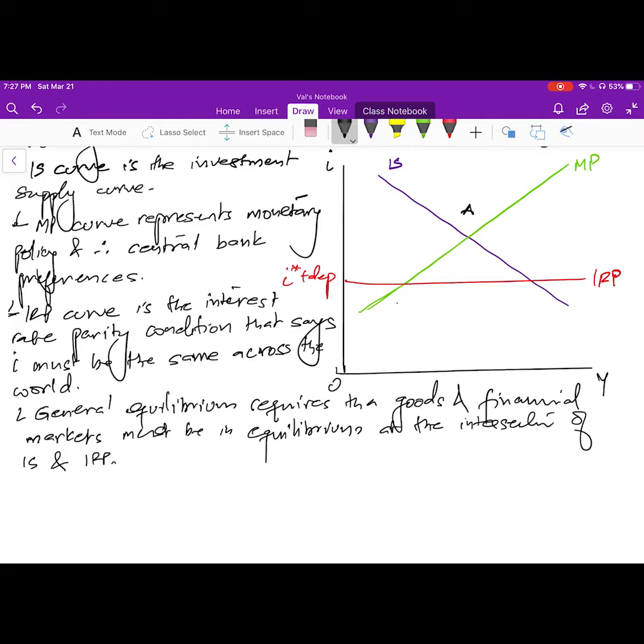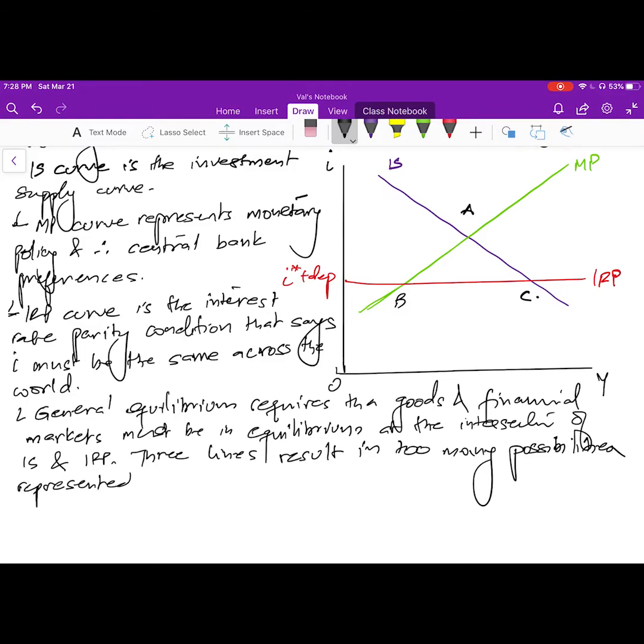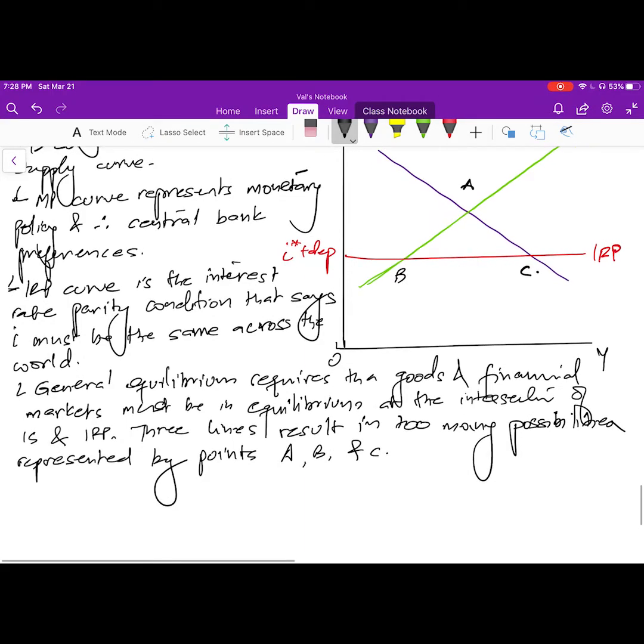Well, they're point A, point B, and point C. Three lines result in too many possibilities represented by points A, B, and C. So what are points A, B, and C?